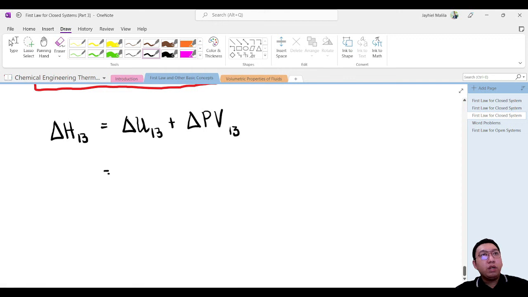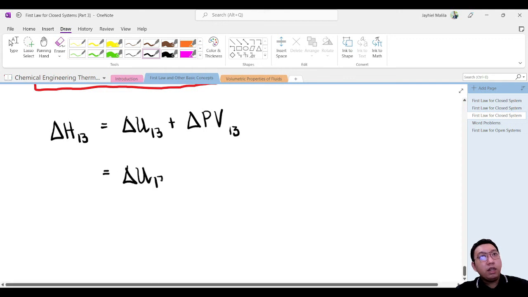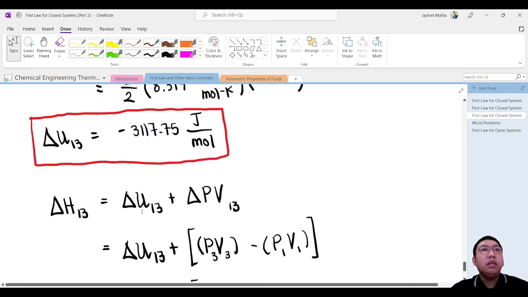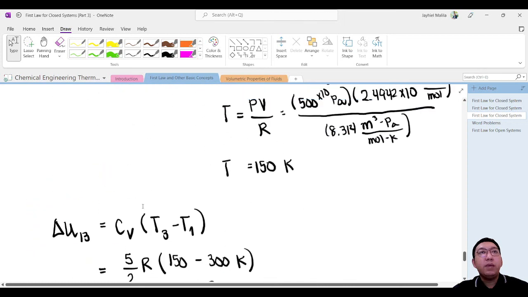So the equation will look like this: delta U13 plus the difference of the products of PV, P3V3 minus P1V1. That's how you write the delta of the products of P and V for state 1 and 3. So I'm going to write everything: negative 3117.75. I'm not going to write the units anymore since it's kind of space consuming.